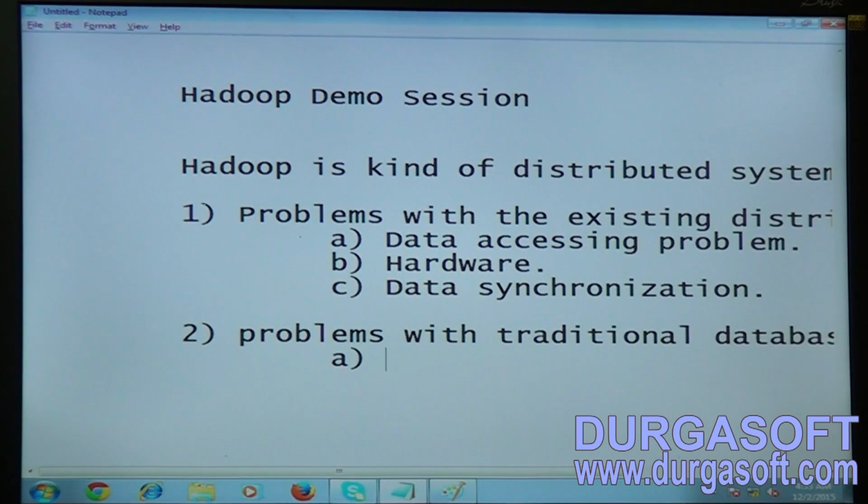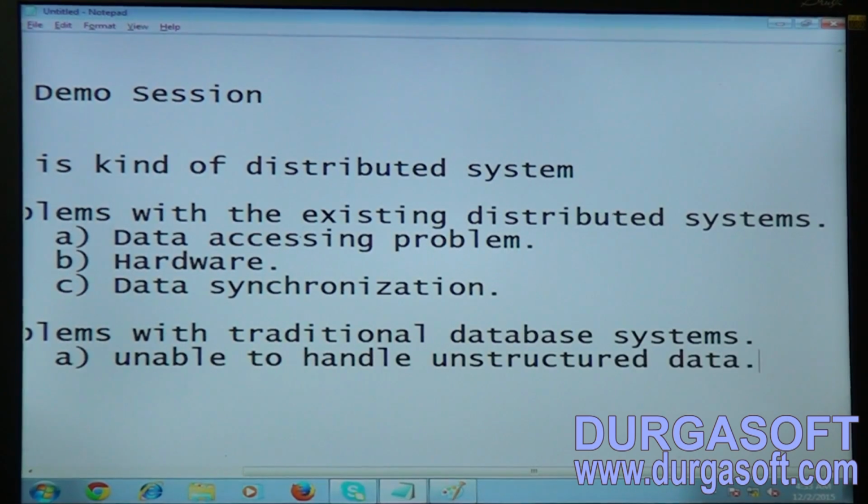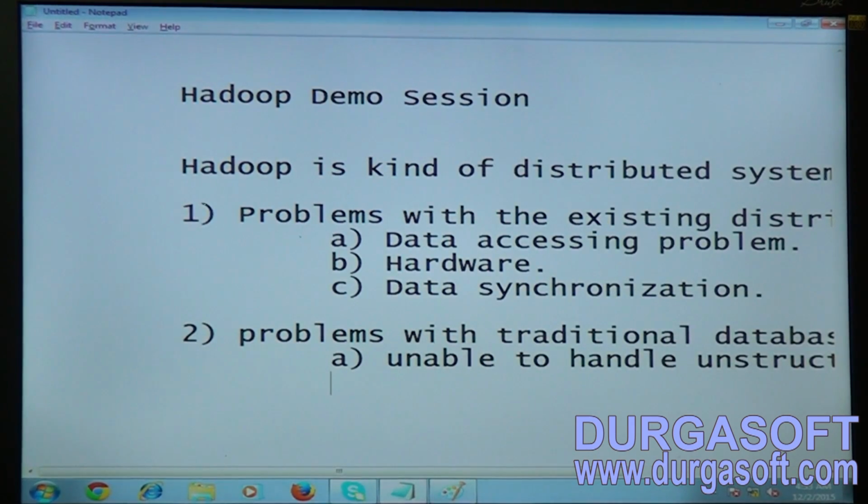The first problem is, whatever database systems we have, those are unable to handle unstructured data. What is meant by unstructured data? Nowadays we are getting different kinds of data.